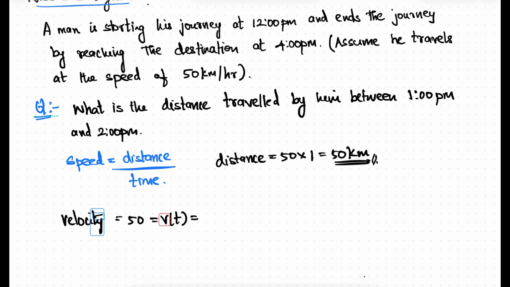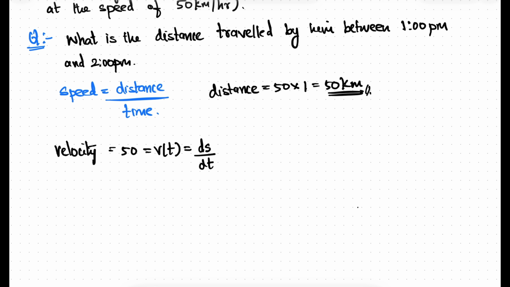We know very well that velocity is the first derivative of your distance function, so it is technically ds/dt, right? Since we are asked to find the distance traveled by him in 1 hour, we can get help from the definition that velocity is the first derivative of your displacement function. So I can write ds/dt is equal to 50, and from here I can try to find your distance as the function.